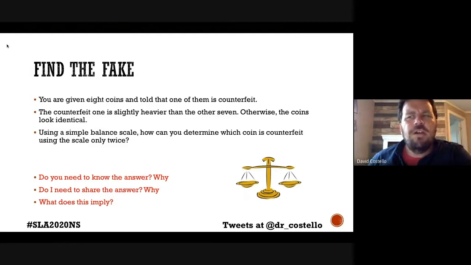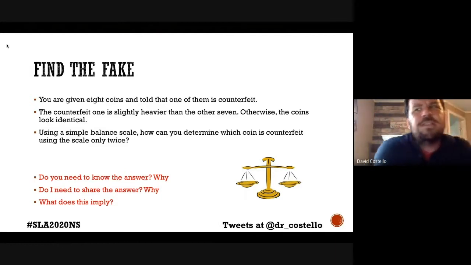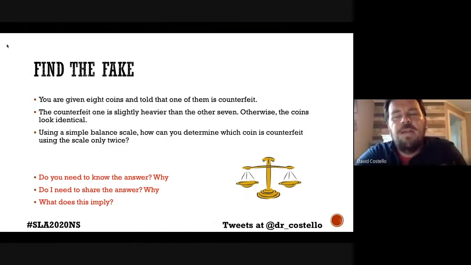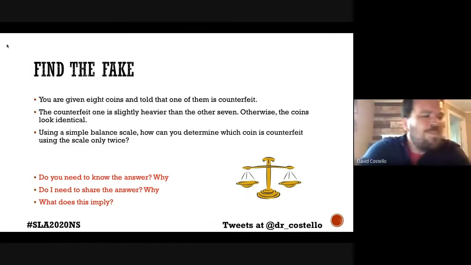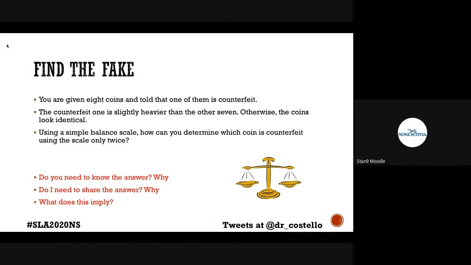So who here would need to know what the solution is for a problem if they were assigned one in the classroom? Who would need to know what the solution to the task is if they're given one? There are some me's in the chat. Okay.